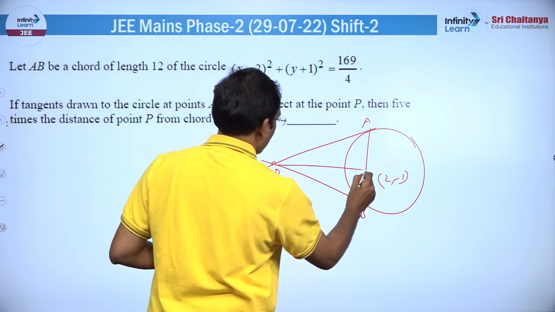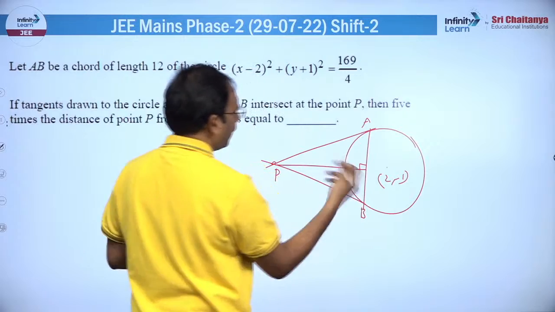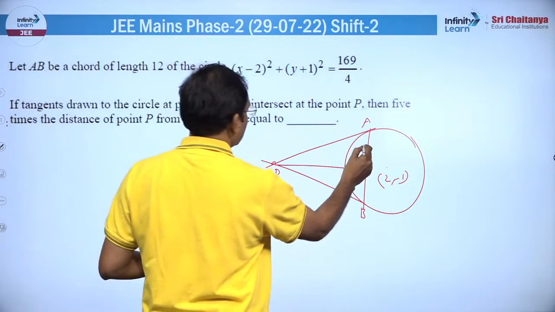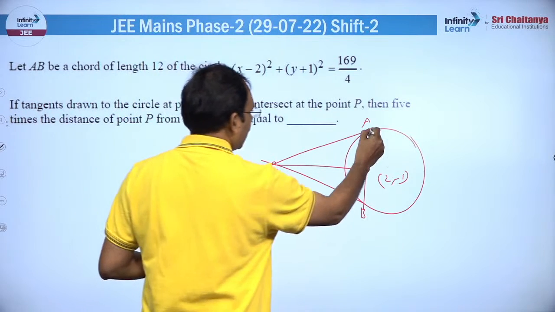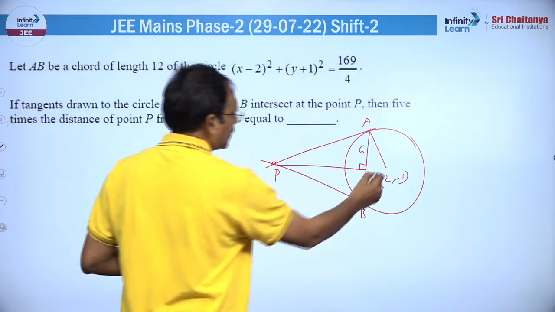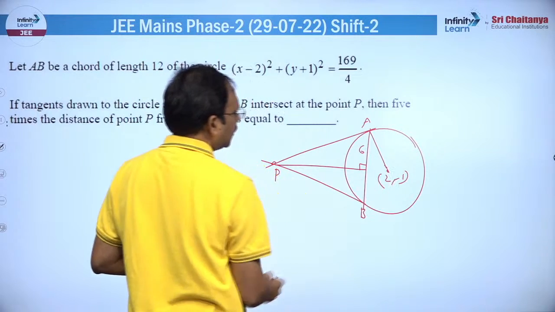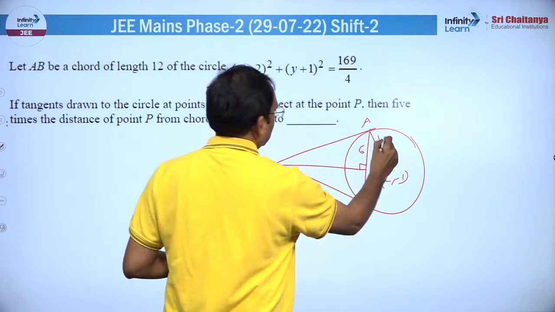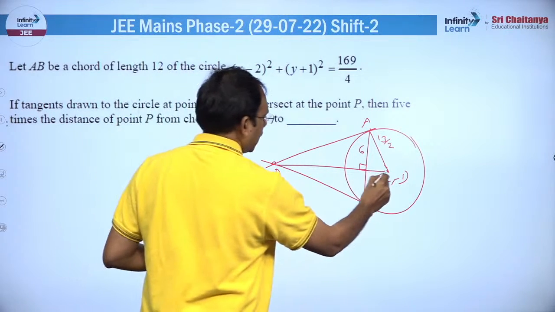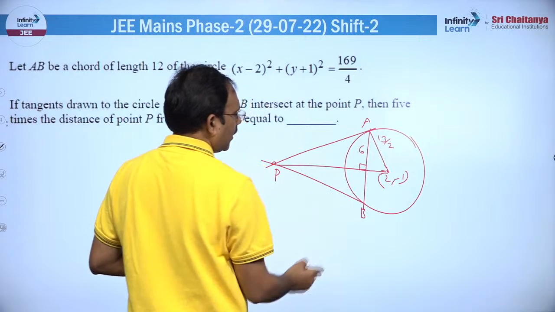So P to AB you have to find this distance, multiplied by 5. Here you know this length is 6 because the total is 12. Radius is known to us, because this is the center, 13 by 2, and here it is 90 degrees.